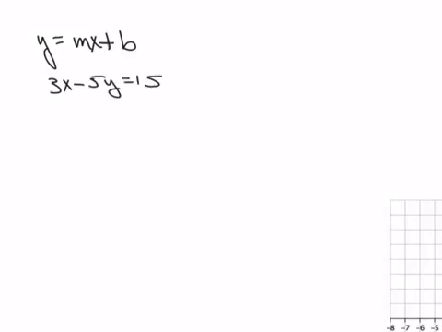There's one of the equations, and then minus 2x plus y equals 4. So let's set this in slope-intercept form. So we're going to subtract, in fact, let's erase this one here. We're going to subtract 3x from both sides. Negative 5y equals negative 3x plus 15.